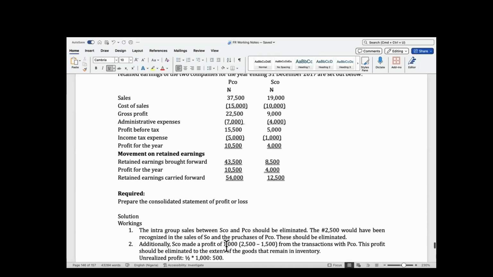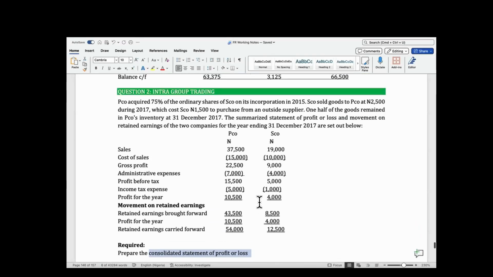Required. Prepare consolidated statement of profits or loss. So here, there is an adjustment that involves ESCO selling goods to PICO of 2,500.